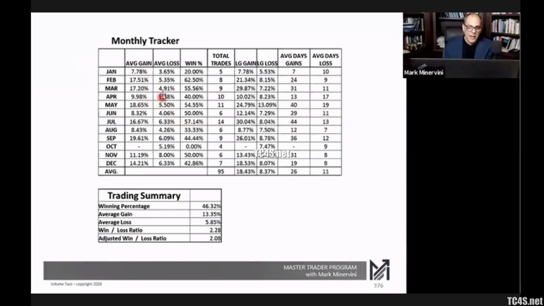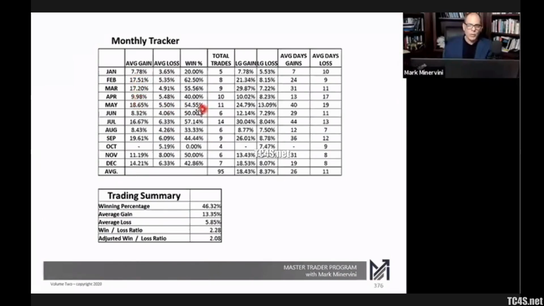We talked about the average gain and the average loss. Okay. It's important to take a look at that on an overall basis, on lifetime, or at least a few years, over hundreds of trades, thousands of trades, whatever that may be. Also on a monthly basis, as you're looking at it monthly, you can see when things are running a lot better than maybe some other months. You can actually see trends, and you can see when your loss is ballooning and your average gain is shrinking.